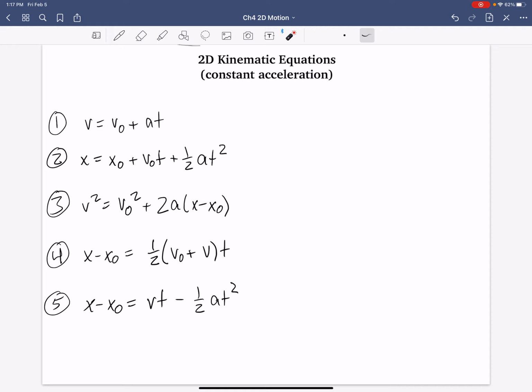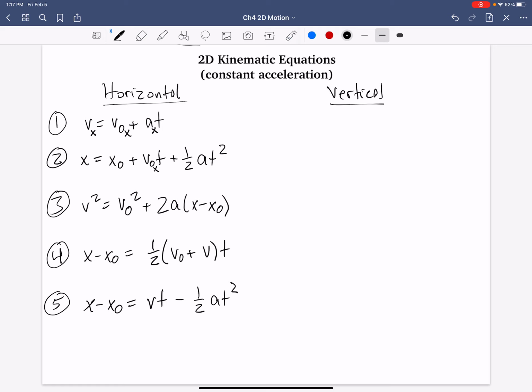Notice I've always written it in x. Let's write it in y. So let's do horizontal, and now we can do the vertical. Same exact equations. Before I do that though, I should specify that each term, except for time, in these equations has to be in one of those 2 directions.